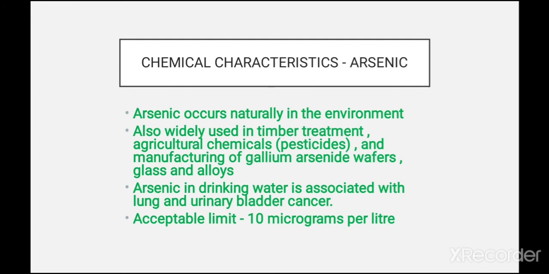Arsenic is carcinogenic. If the drinking water contains arsenic in excess, it may even cause lung and urinary bladder cancer. The acceptable limit of arsenic is 10 micrograms per liter.